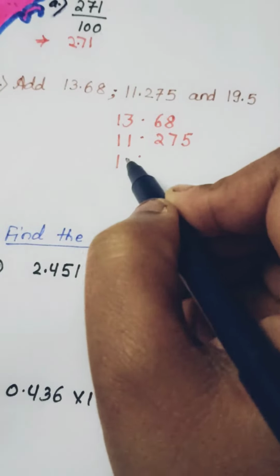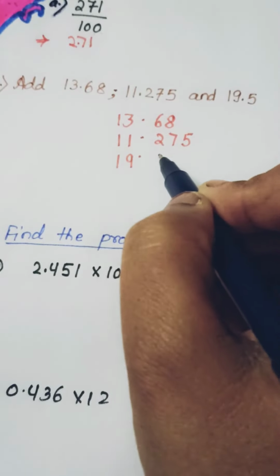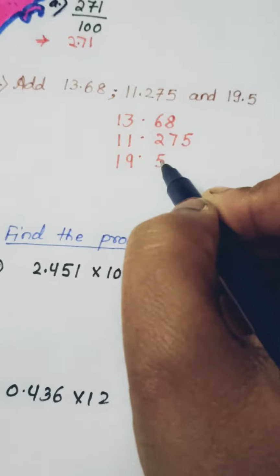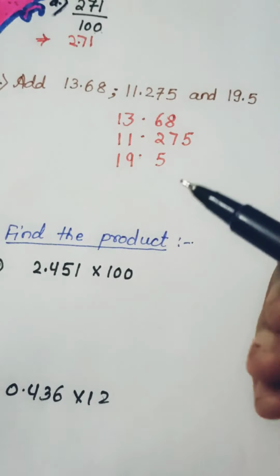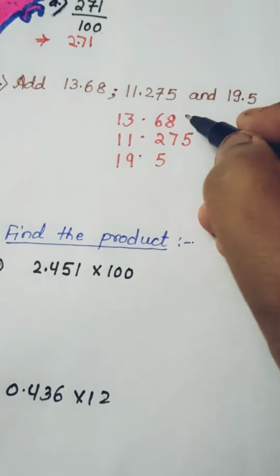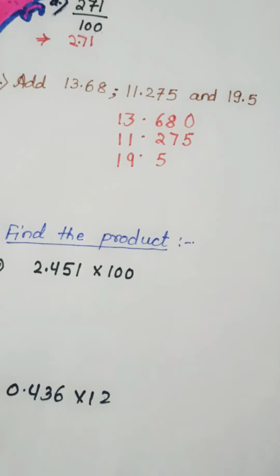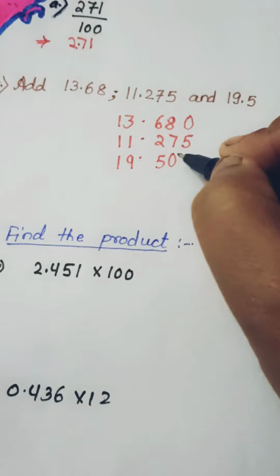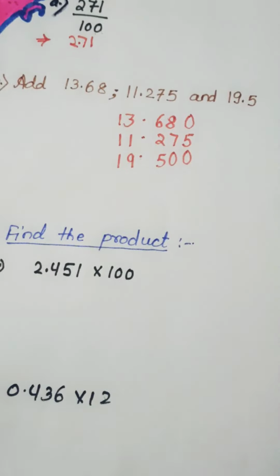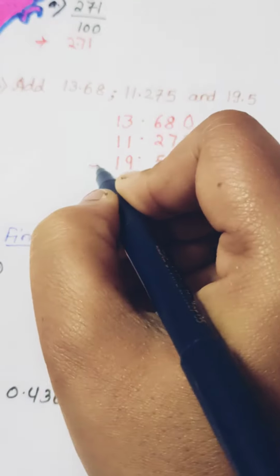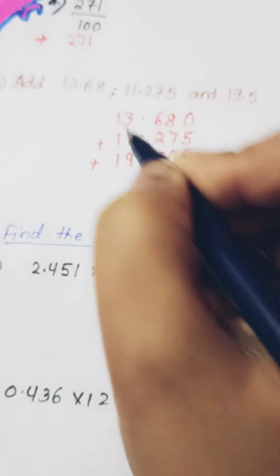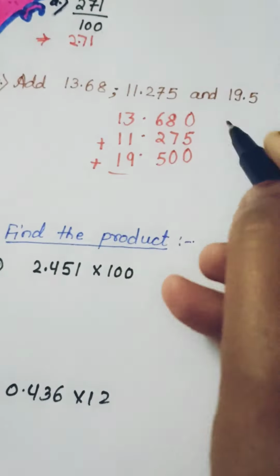So write down 1, 9 over here and point and then 5. Right? We have arranged it. Now we can see we have blank space over here. So let's write 0 here and here and here as well. Right? Now put the plus sign. Then let us add it up.